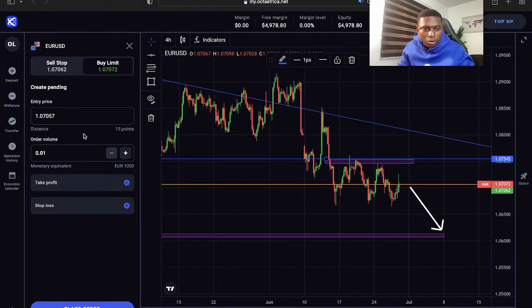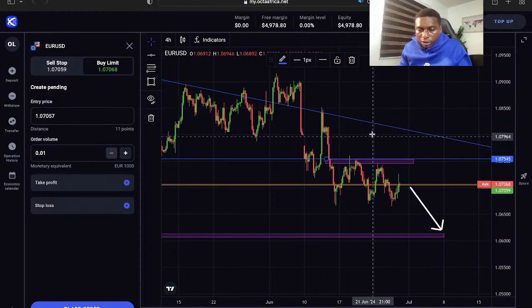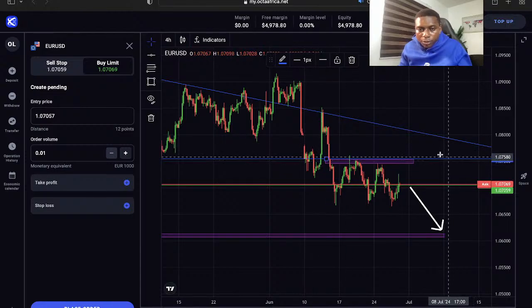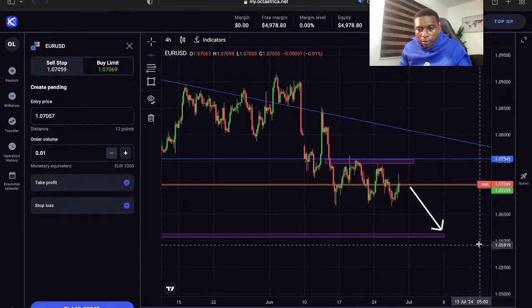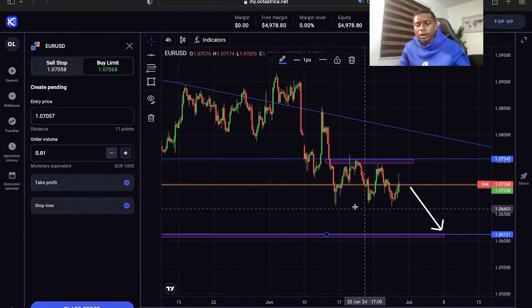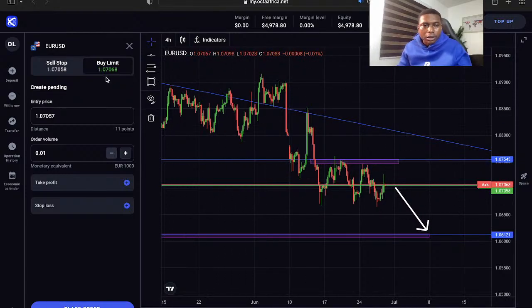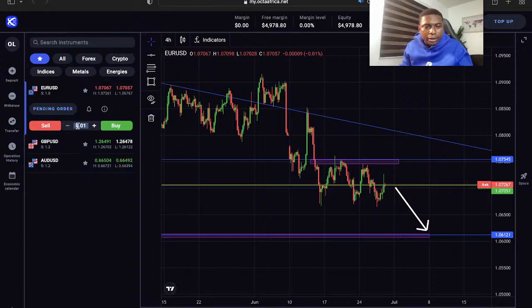1.05. So let's determine our exit and entry point. Stop loss will be here, then take profit will be here. Now that we have stop loss here and take profit here, I can go back and decide to place a sell.